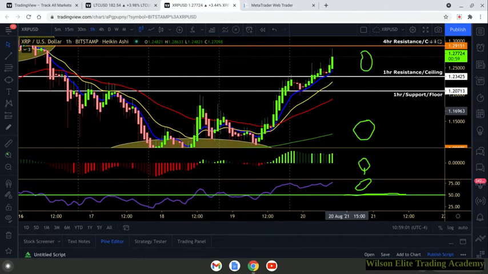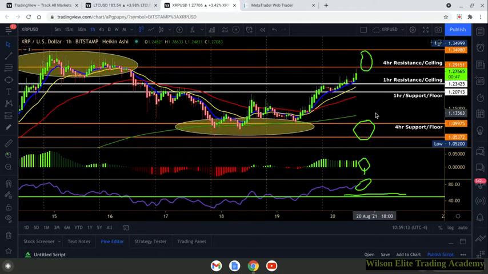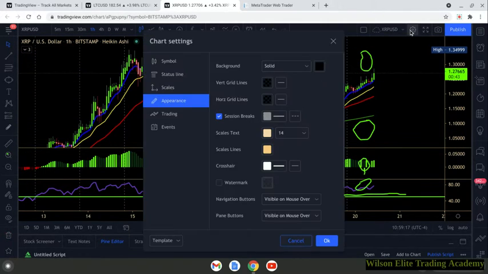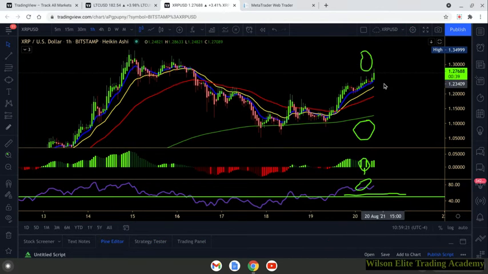I want you to know that this is not hard. Don't let anyone make you believe that this is hard. It's not. I just showed you how I go about looking at the market. I can delete everything, and I can even show you a simpler way on how to look at this if you didn't want to do top-down analysis.